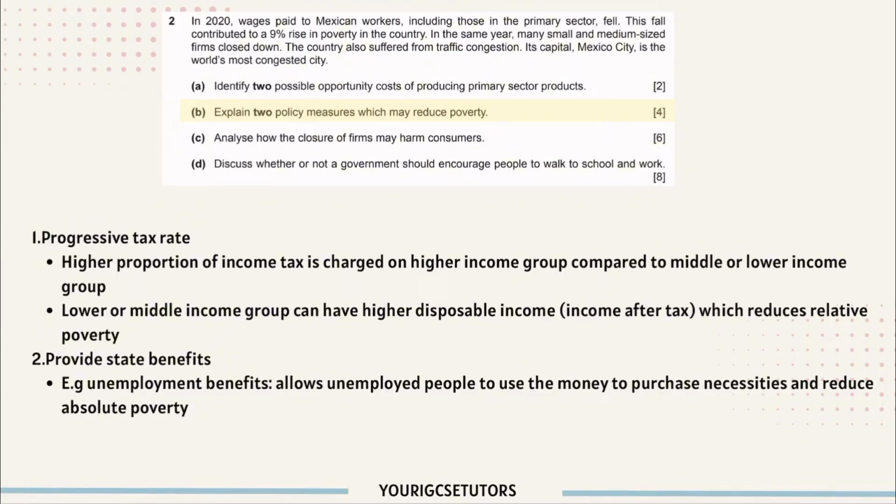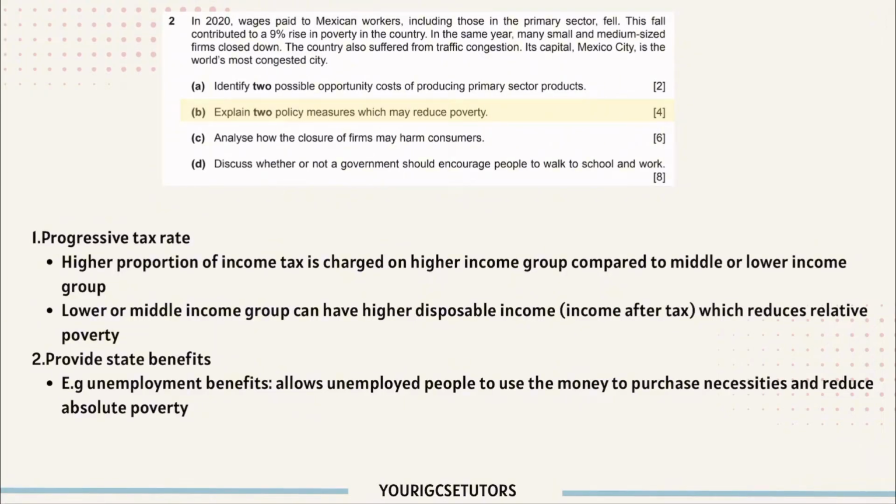And also there's a tip, in order to stand out for your response, you need to be specific on which type of poverty you are referring to, either relative poverty or absolute poverty. So it's better that you be specific. And second point, you can write about the government to provide state benefits.